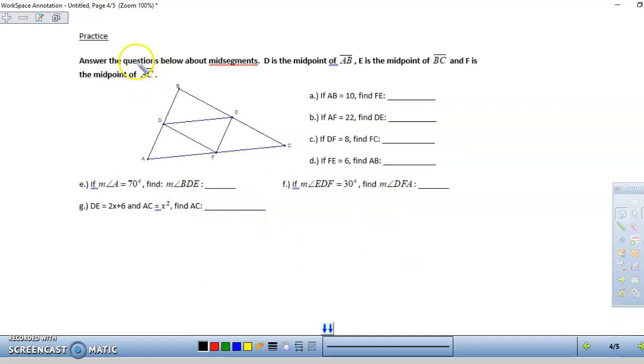Okay, here we have D is the midpoint of AB. Mark that as a midpoint. E is the midpoint of BC. Mark that as the midpoint. F is the midpoint of AC.